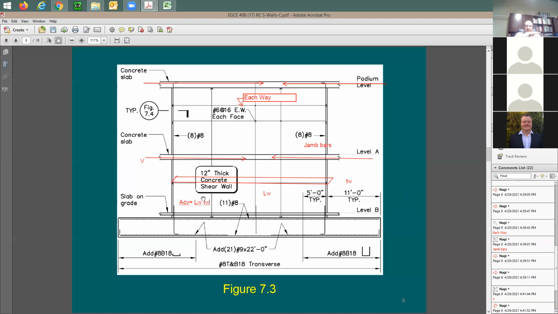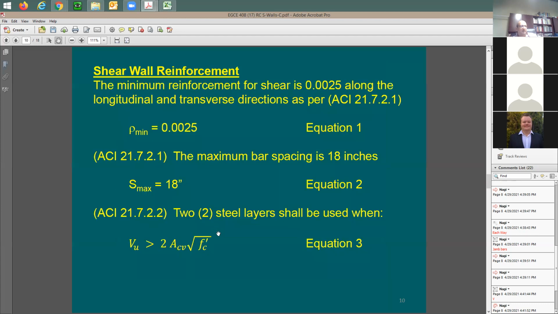So as if you're cutting a section through the wall and then you look down and tell me how much cross-section area you're looking at, because it's going to be the section here exposed to shear. So again, this Acv is going to be equal to the wall thickness multiplied by the wall length. This one you do for the entire wall. Any other questions?